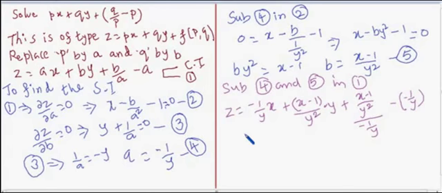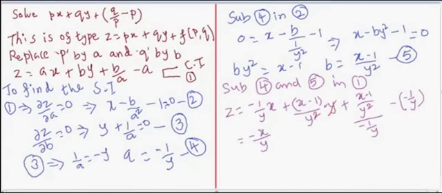Rearranging the equation, we get minus x by y, and in this term y cancels, and this will become plus 1 divided by y.